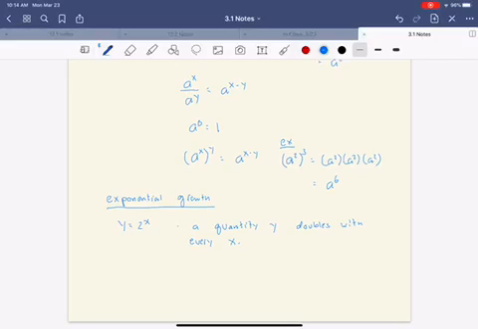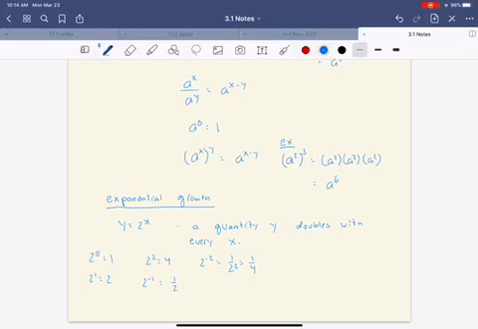Okay, so 2 to the 0 is 1. 2 to the 1 is 2. 2 squared is 4. Let's do 2 to the negative 1. 2 to the negative 1 is 1/2. And 2 to the negative 2 is 1 over 2 squared is 1/4.